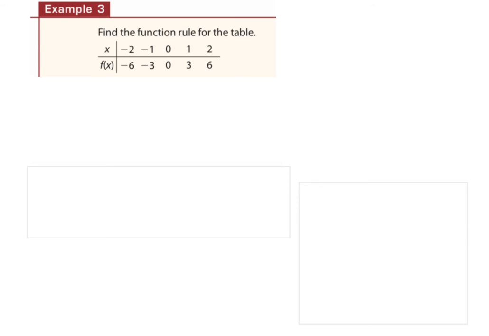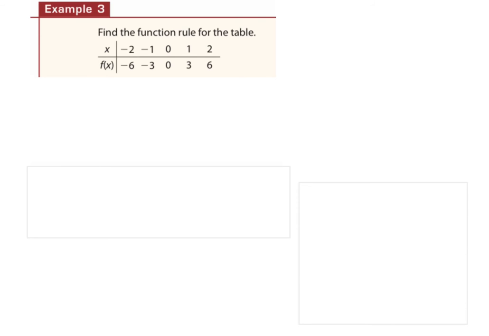All right, so if you look at this first one, you have -2 gives you a -6, -1 gives you a -3, 0 gives you a 0, 1 gives you a 3, and 2 gives you a 6. So the first thing we're going to look at is we're going to say, well, what's happening from x to x? All right, what is happening from x to x?